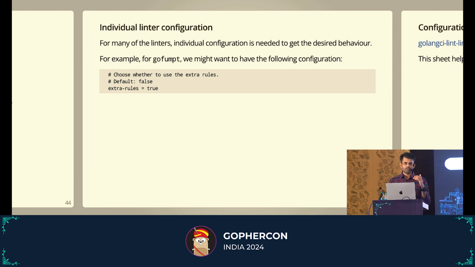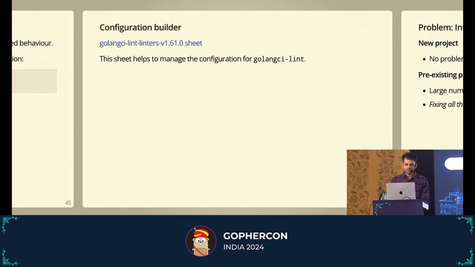Now, if you agree that there is actually value in configuring Golangci-lint, but you are daunted by the idea of having to figure out what needs to be enabled from the 100 plus linters, I have something which can help. Typically, you don't need to frequently update the configuration of Golangci-lint if you're using it in a project.